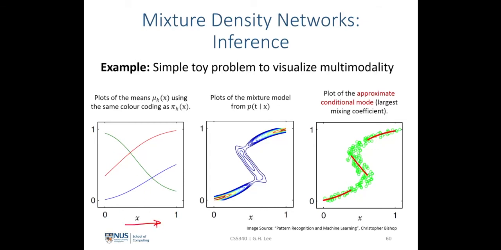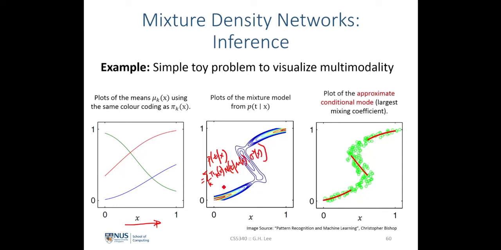And we can see that this has the same color coding as the mixing coefficient that we saw from the previous slide. Here's a plot of the final mixture model over all the different x. This is my posterior, the output of the mixture model, which is simply given by the sum over k of pi k of x times my normal distribution, which consists of t conditioned upon mu, which is a function of x, and sigma square, which is also a function of x.